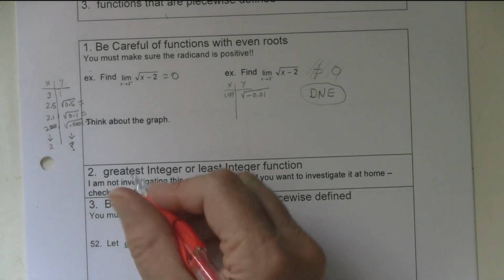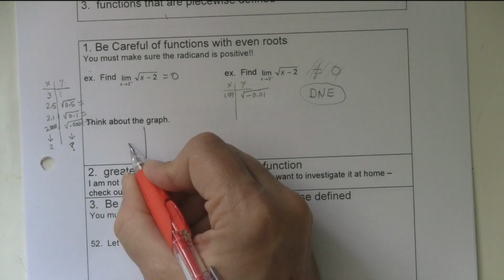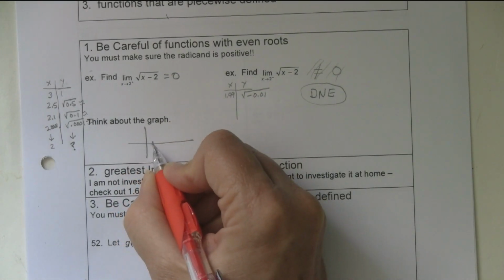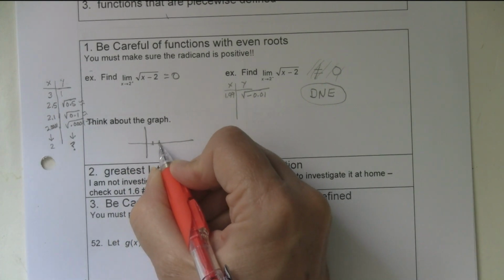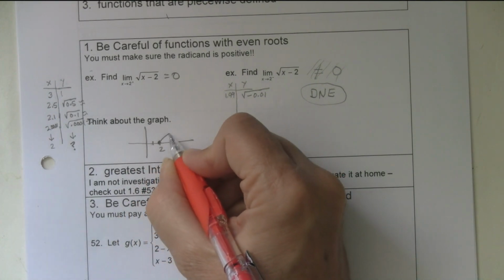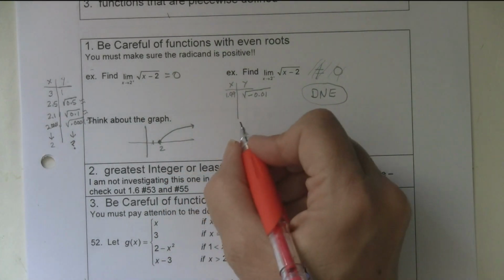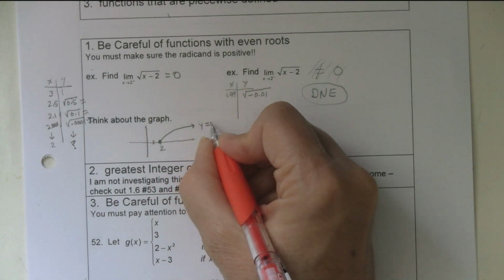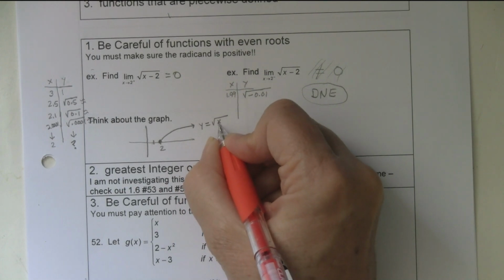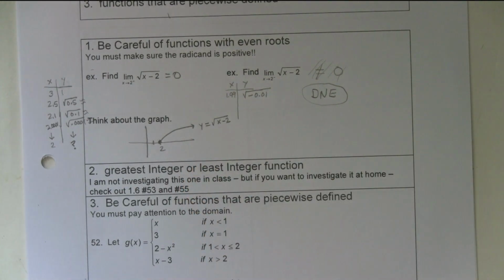If you think about the graph of this thing, I'm going to quick sketch it. It's half a parabola. I know that from when I used to teach Math 1. This is one of the main graphs of pre-calculus or math analysis, y equals some square root, like that.